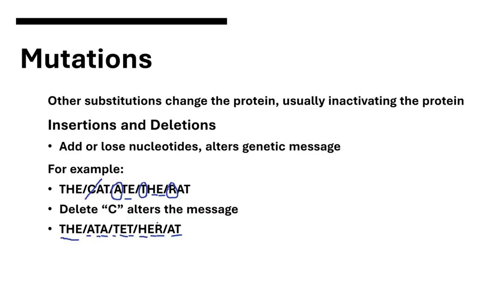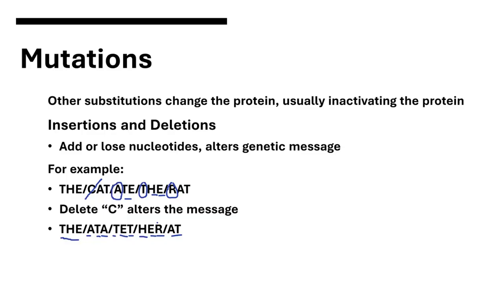But now I go from this sentence of the cat ate the rat, which makes perfect sense, to a sentence that now says THE ATT ITA TER AT, which makes absolutely no sense at all. And that's what happens when you have a deletion. Everything downstream is changed.